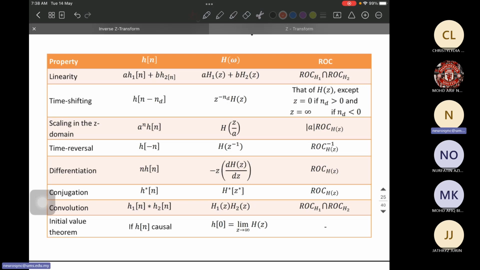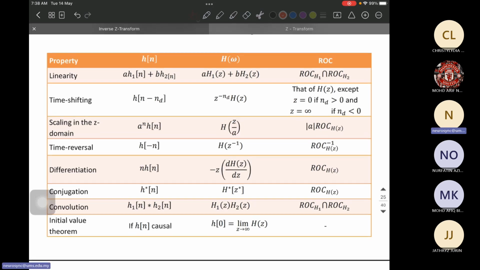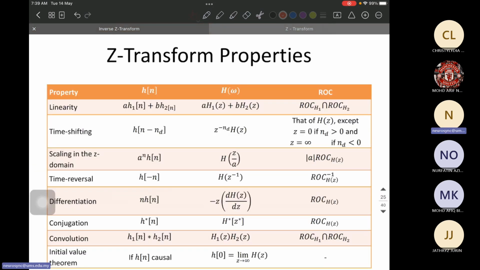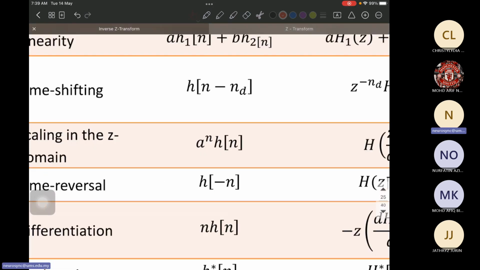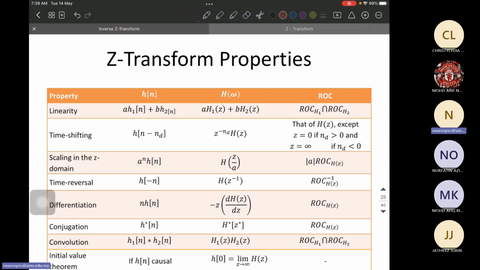Now, scaling in the Z domain. Suppose we are scaling the z of H of z by a, so that is z by a. For this, the h of n signal will be a to the power n times h of n.